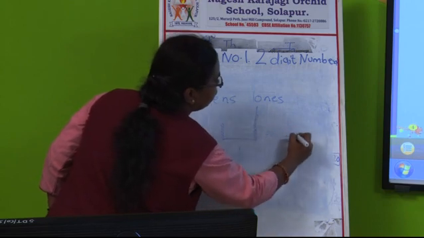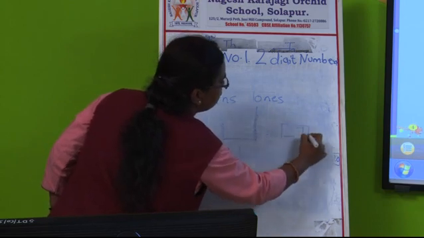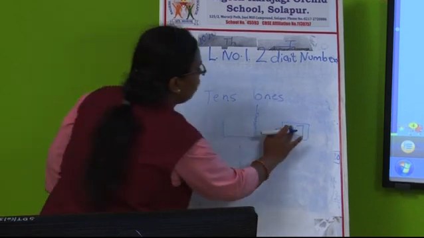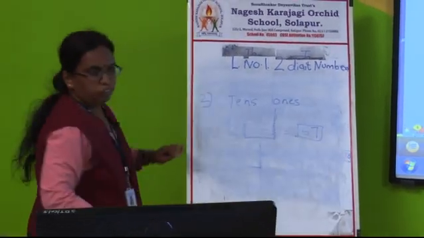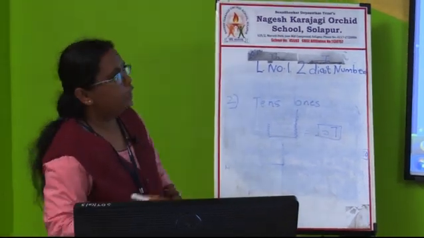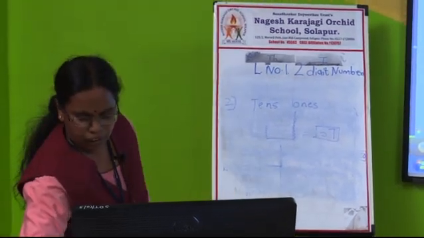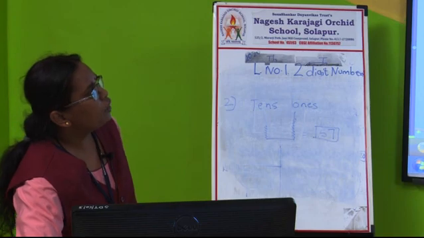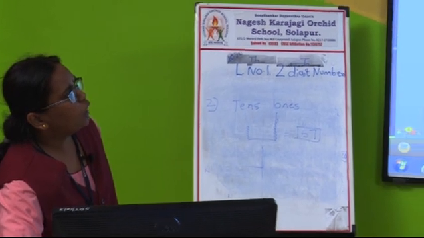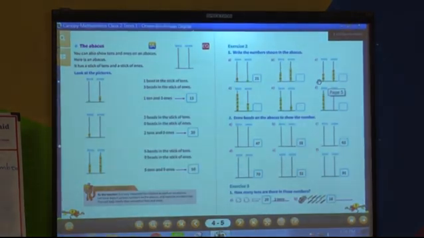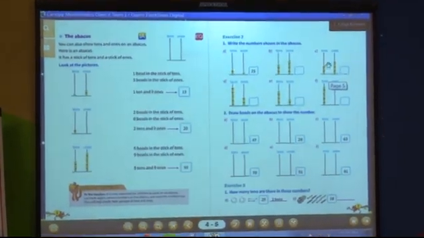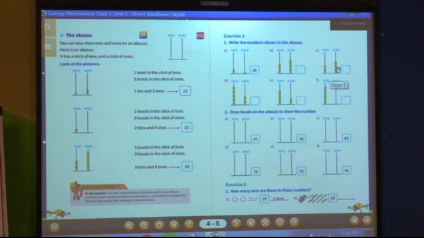So, your answer will be 27. Sorry, your answer is 57. Okay, in this way you can solve. Then take the third example, that is first one. Count these beads 1, 2, 3, 4. So, tens are 4 and ones 1, 2, 3, 4, 5, 6.